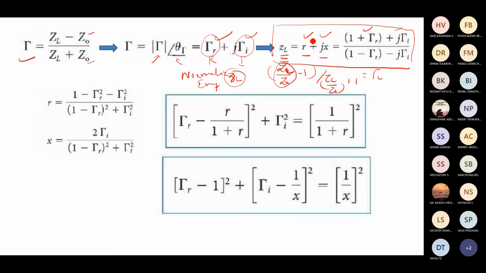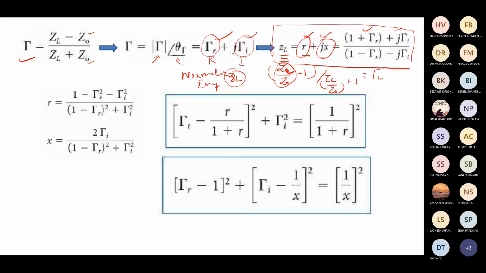In this way, the real and imaginary parts of the impedance can be represented by the real and imaginary parts of the reflection coefficient. Now we can isolate the real part and the imaginary part, and by rearranging the terms we can get the circle equations.